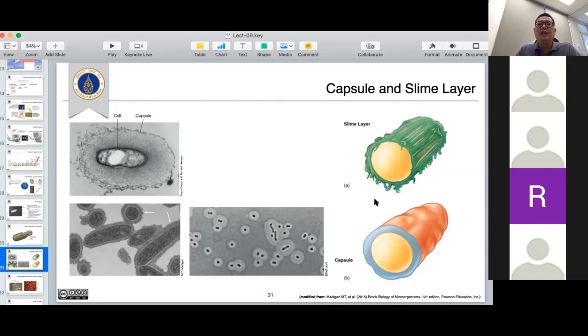But if the glycocalyx is loose, not tightly packed like a capsule, we call it slime layer. The slimy material here is carbohydrate and protein, okay? When it is loose, some part of it gets lost out of the cells.